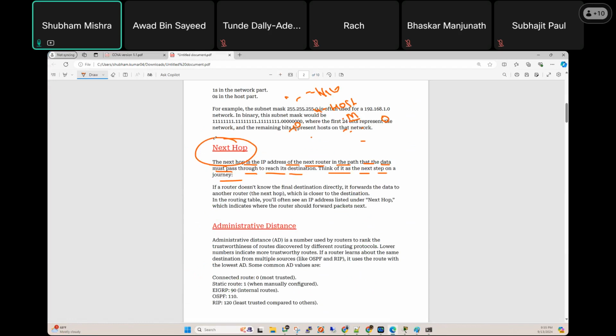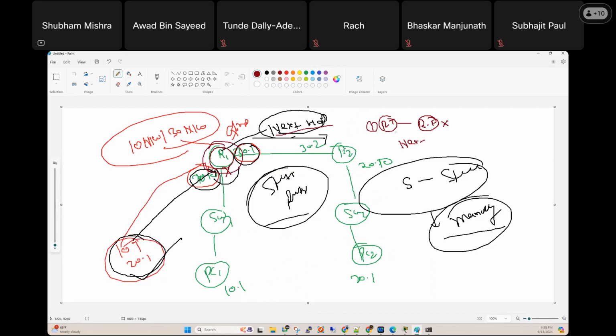If a router doesn't know the final destination directly, it forwards the data to another router, and that is called the next hop. For this router, who is the next hop? This one, yes or no? If this PC wants to communicate with this PC, the packet will reach the router.